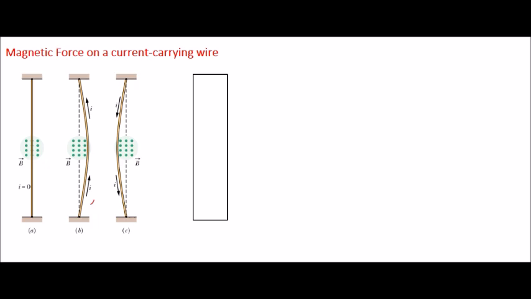In the figure here, I draw just a zoom of this wire. Let's say the wire has this shape. It has a length L, and the current is, let's say, going up in this wire.